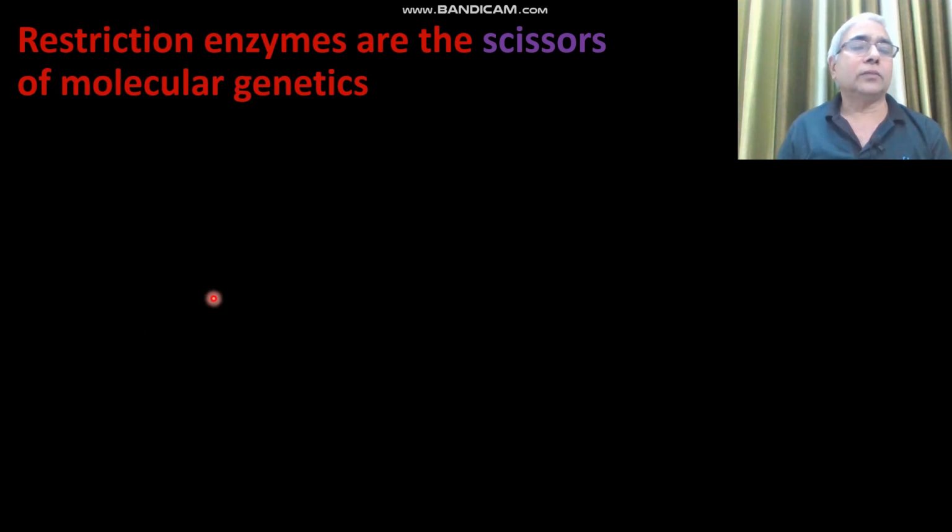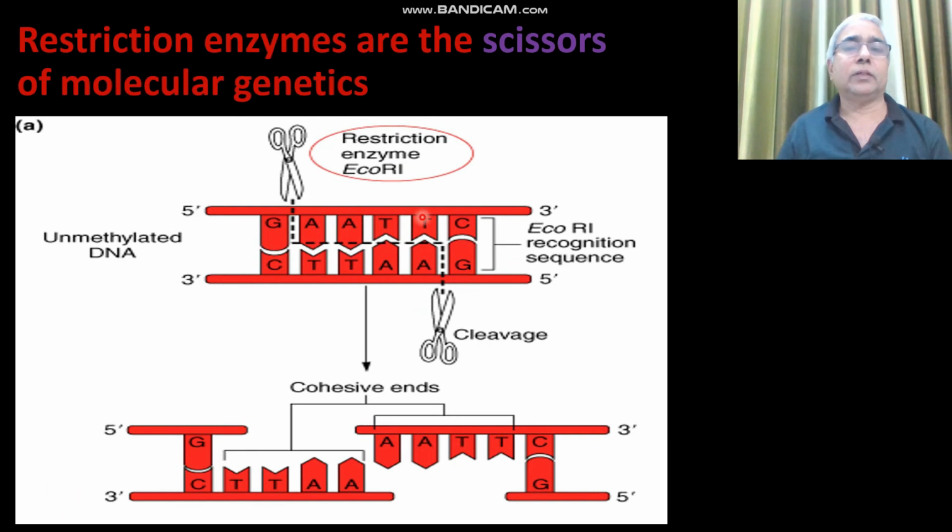The restriction enzymes in recombinant DNA technology are in fact termed molecular scissors. Scissors means cutting, which is used to cut the DNA at a specific nucleotide sequence. For example, EcoR1 requires the GAATTC sequence.